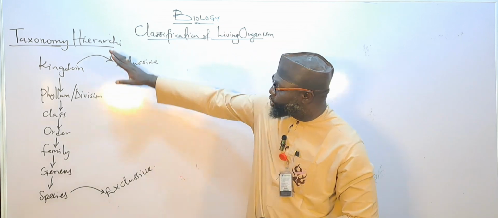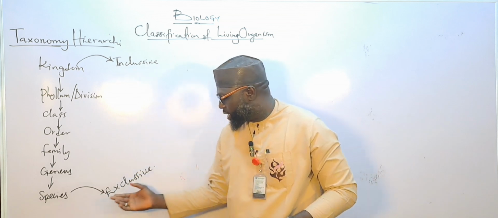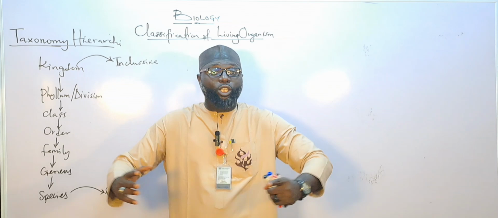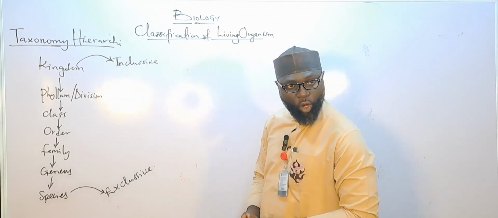So in this taxonomy hierarchy, the smallest one is called the most exclusive, and the biggest one, the largest one, is the most inclusive.